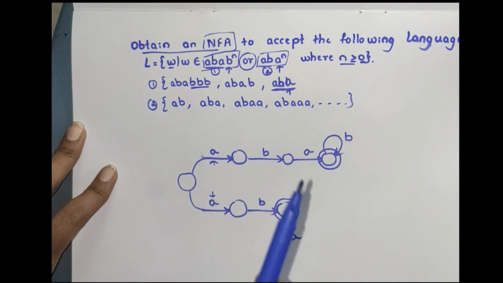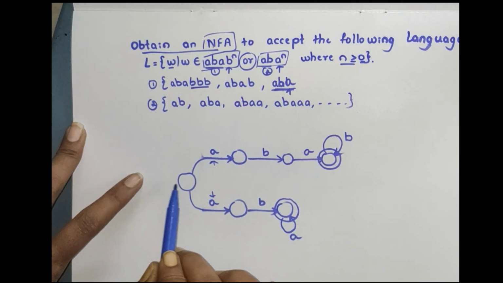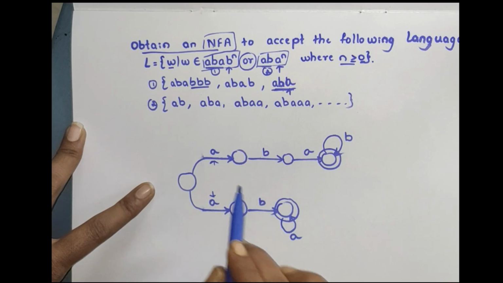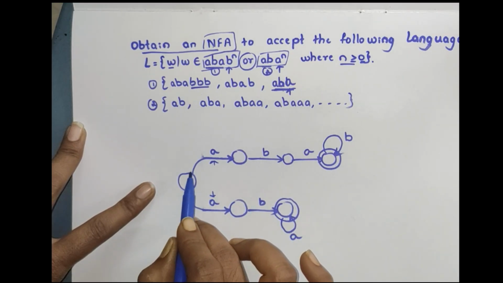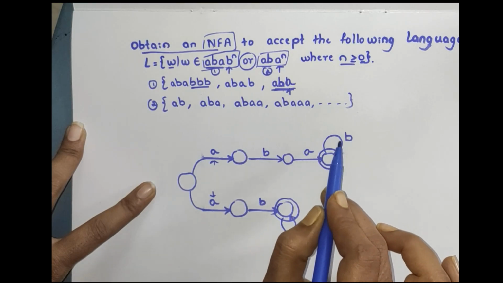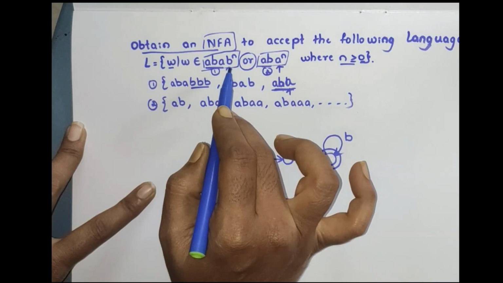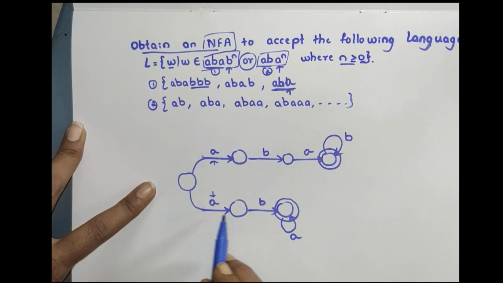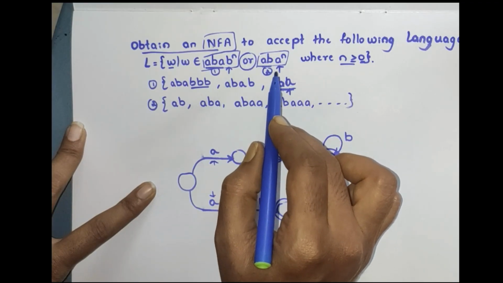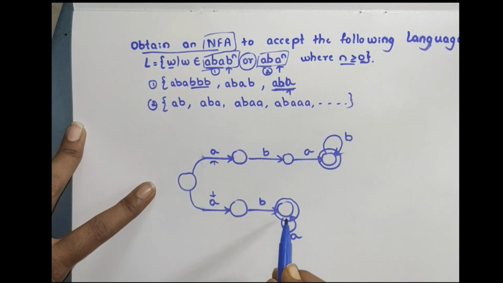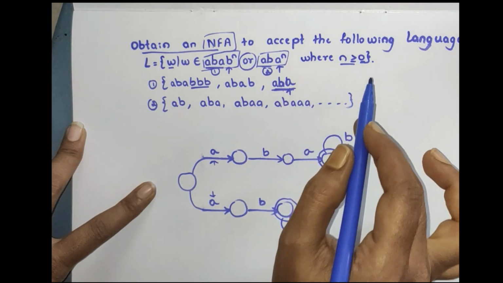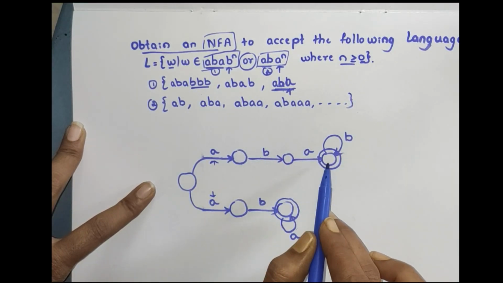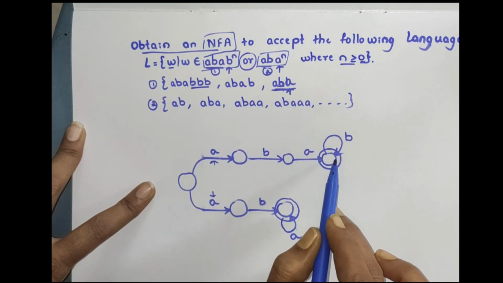So now we can see the machine can either start with, if it comes to this state, then it can go with this route or it can go with this particular route. If it goes to this route, then it can satisfy AB, B raised to n, that is the first condition can be achieved with this particular path. If the machine moves to this route, it can satisfy the second condition, that is AB, then A raised to n, where n is greater than or equal to 0. So if here the n value takes 0, the machine will only wind up with AB, because for that it has reached the final state.